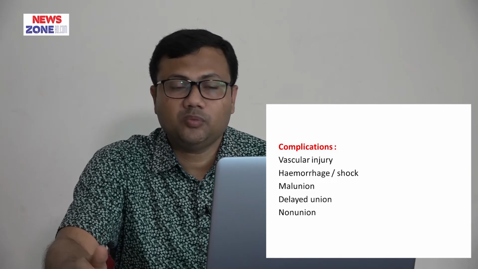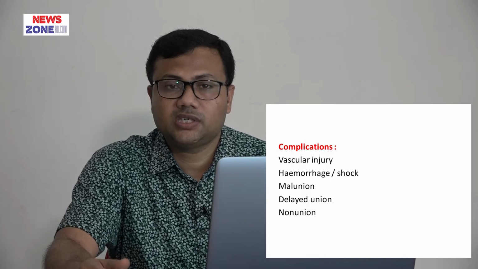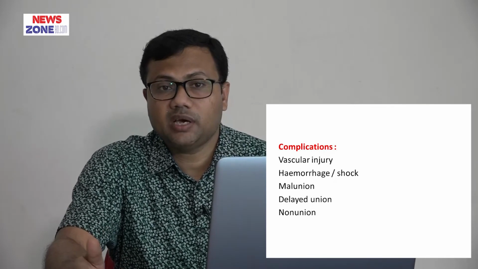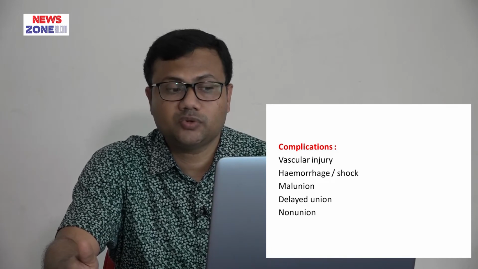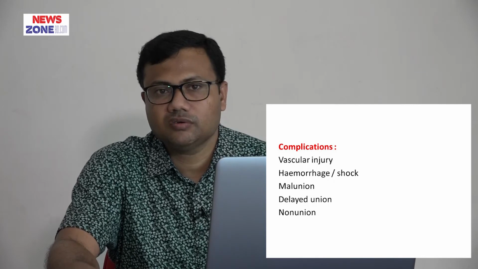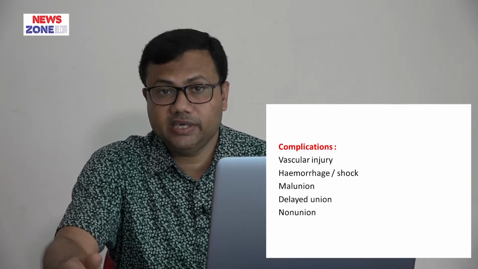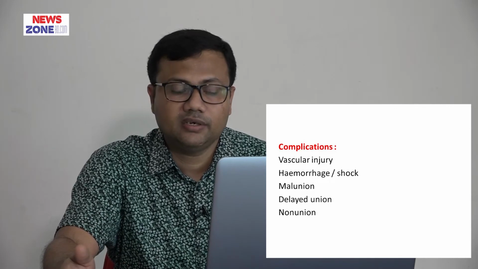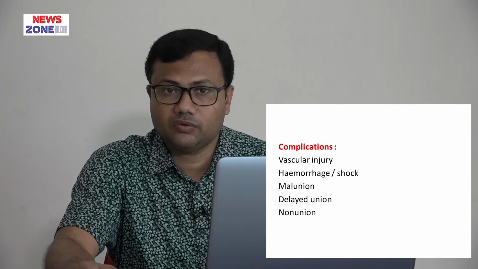And some other complications may happen if the fracture is not treated properly or if complications develop during treatment. The first is malunion, and then there is delayed union. The fracture may take more than the usual time for healing, and the last one is non-union. Okay.